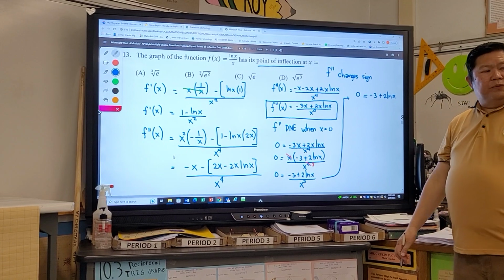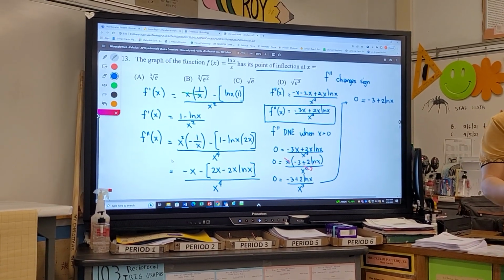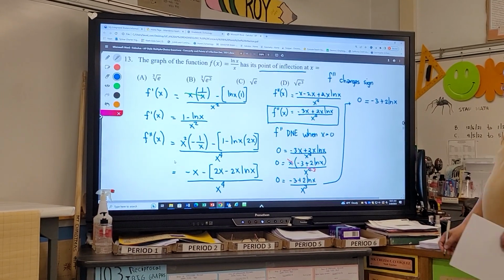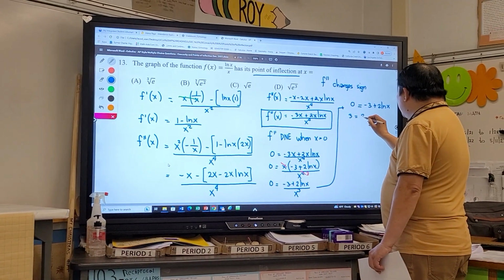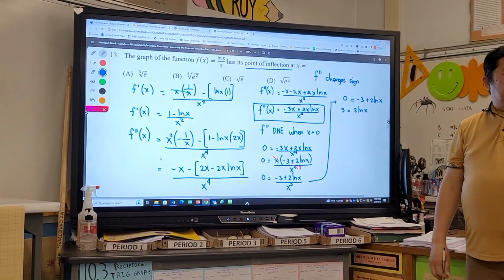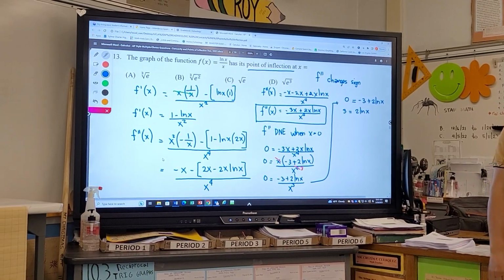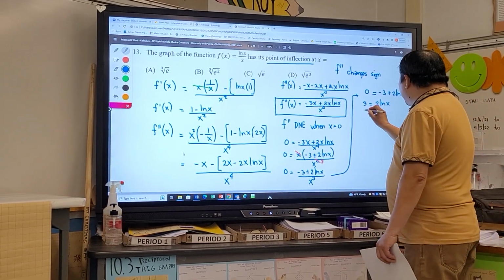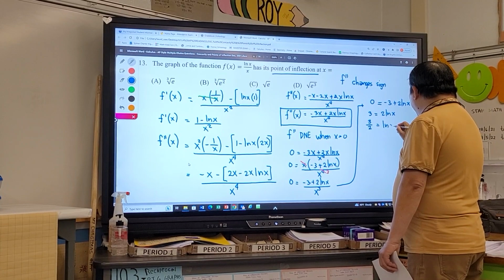Then move 3 to the other side, or basically in lower math we just say add both sides by 3. If we add both sides by 3, this is 3 equals 2 ln x. And what do we do with that 2? Can we divide both sides by 2? If we divide both sides by 2, this becomes 3/2 is equal to ln x.